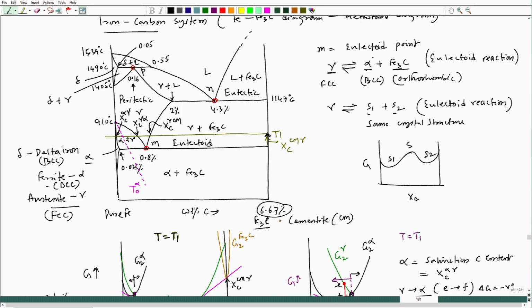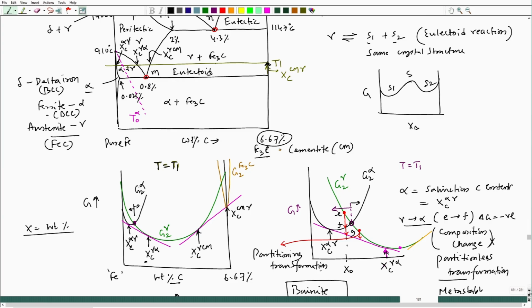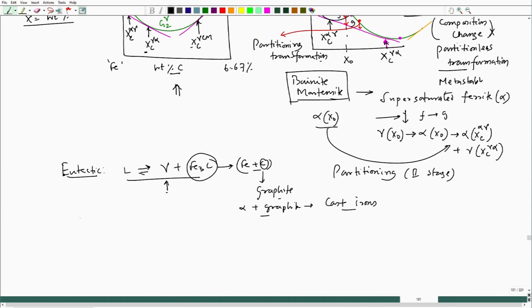But there is one more point lying at a slightly higher temperature, this is the point I am talking about, which talks about another transformation we are getting, where delta plus liquid actually goes to gamma.